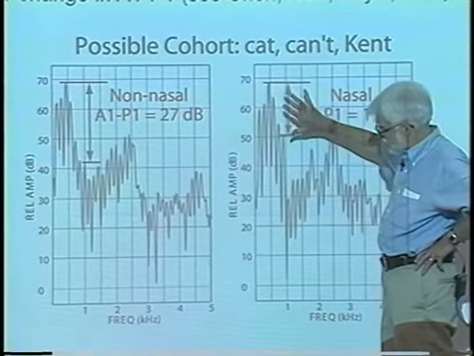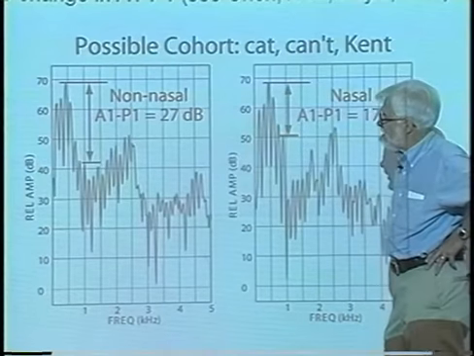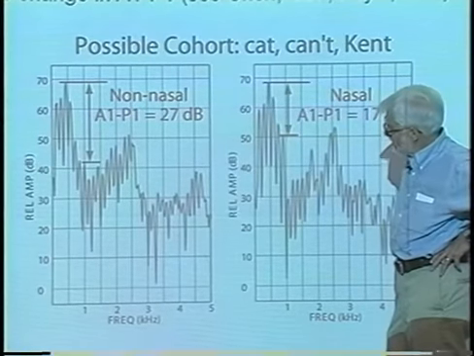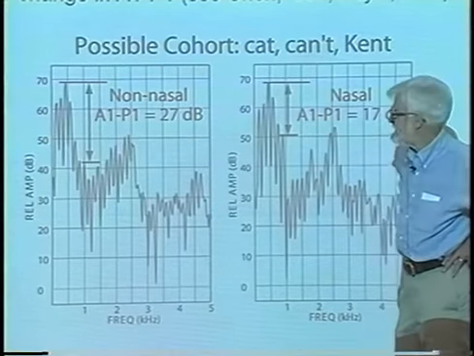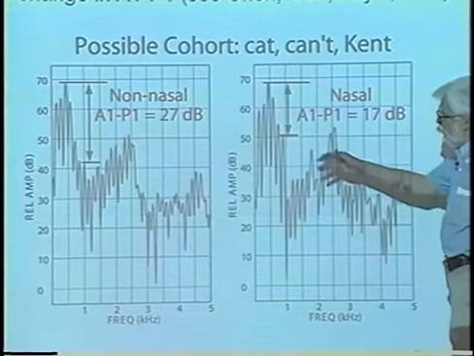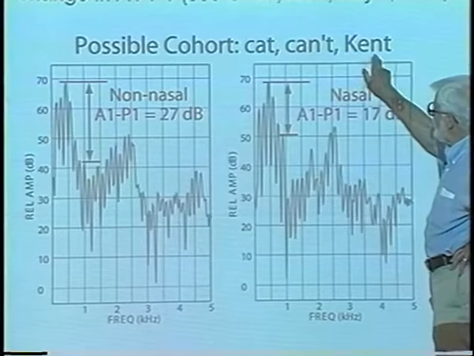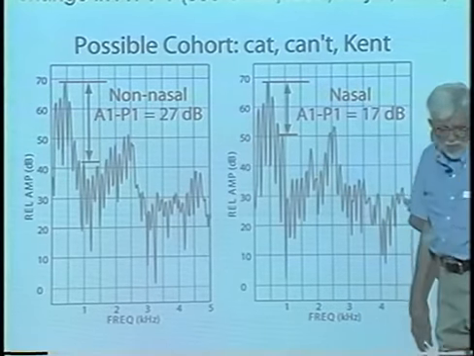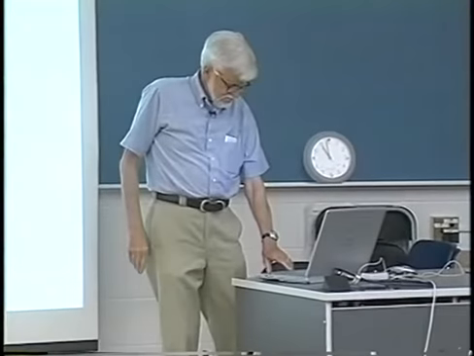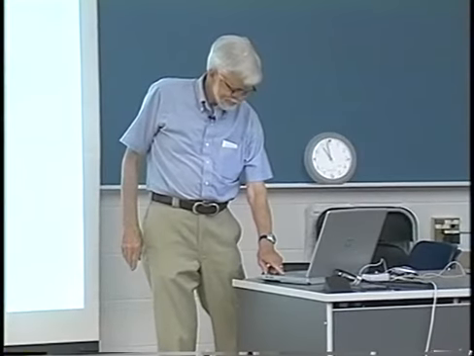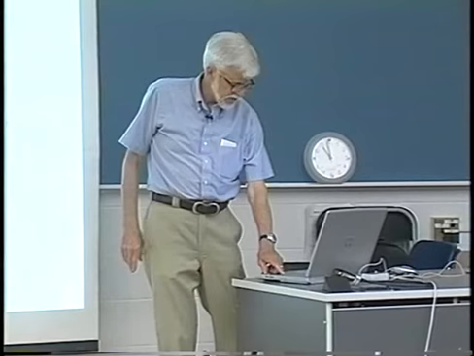By looking at this particular measure for nasalization, you can resolve this difference and say it has to be this one. And then, of course, looking in more detail at the vowel, you could resolve these two as well. So those are examples of what you might call top-down processing.